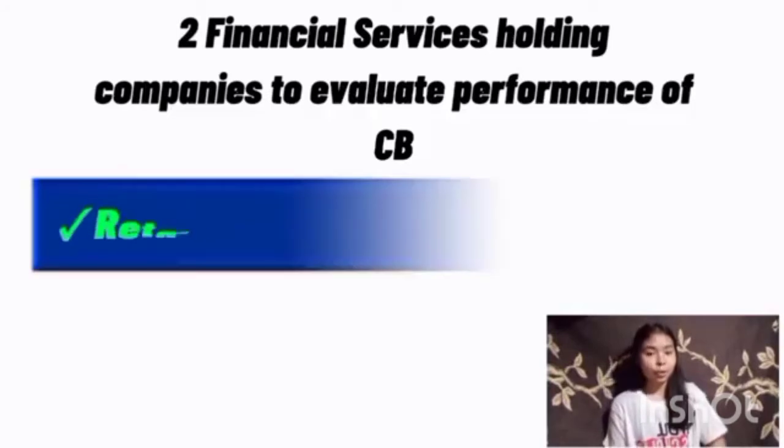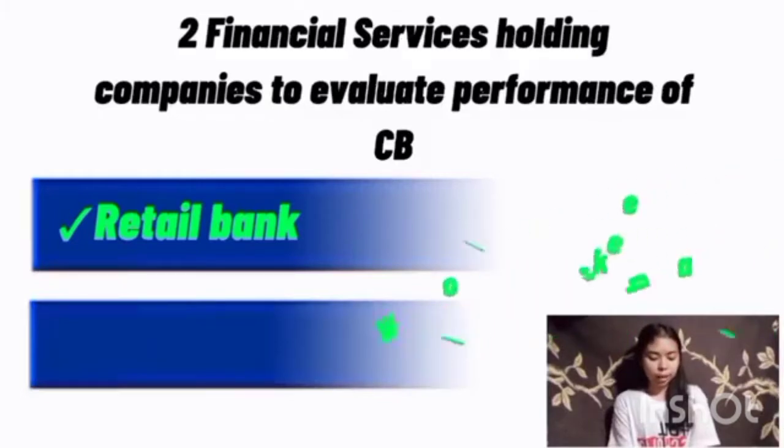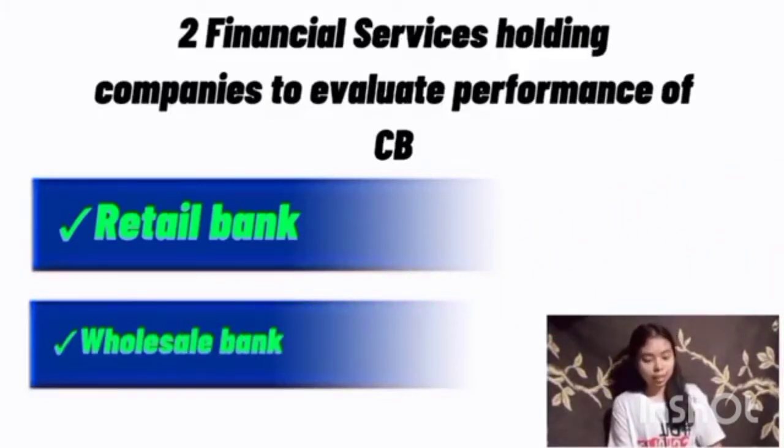First is the retail bank. It is a bank that focuses its business activity on consumer banking relationships. Second is the wholesale bank, a bank that focuses its business activity on commercial banking relationships.